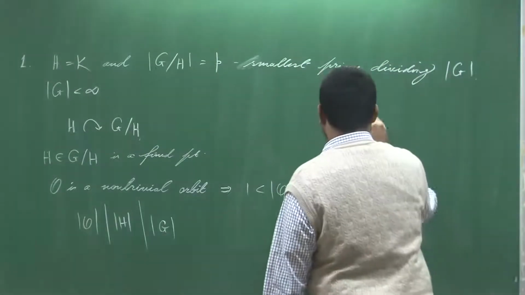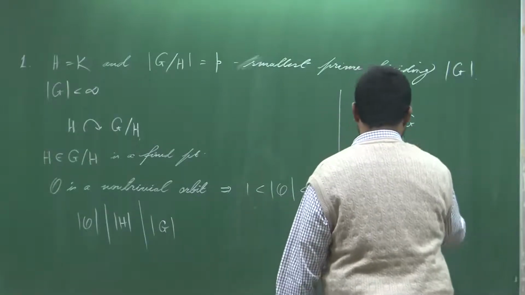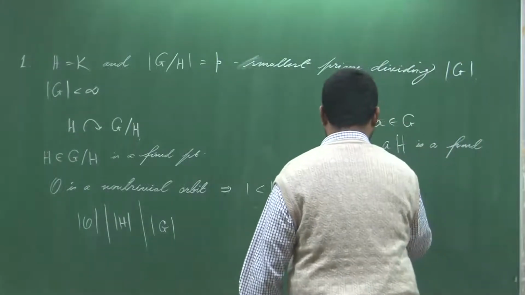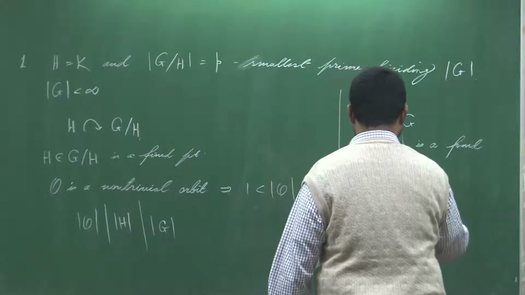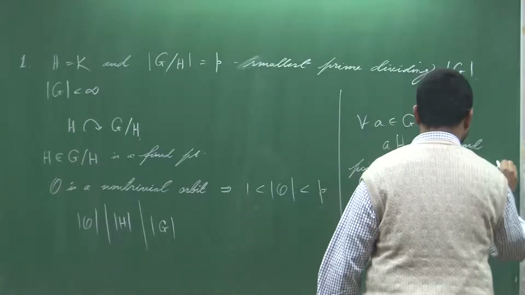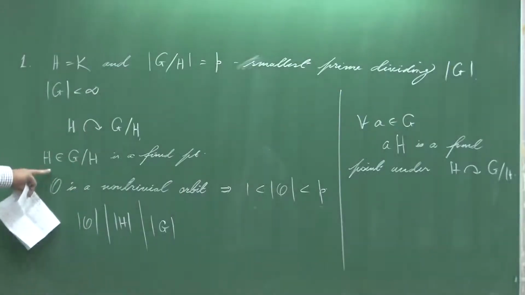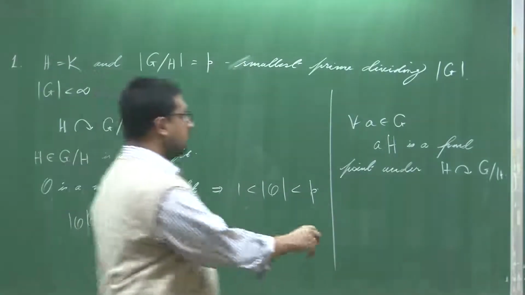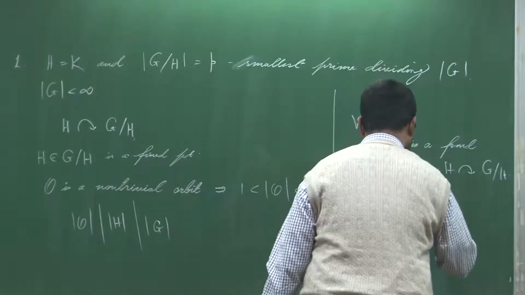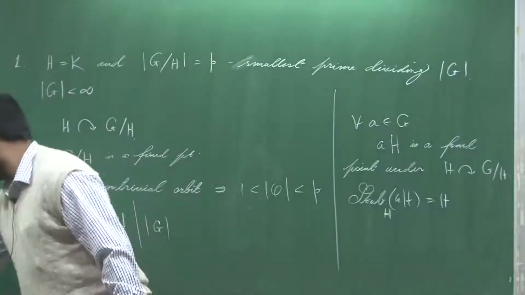We obtain that for every a in G, aH is a fixed point under the action of H on G modulo H. Fixed point means its stabilizer is going to be the whole of H. On the other hand, we have seen that in general the stabilizer is this intersection.